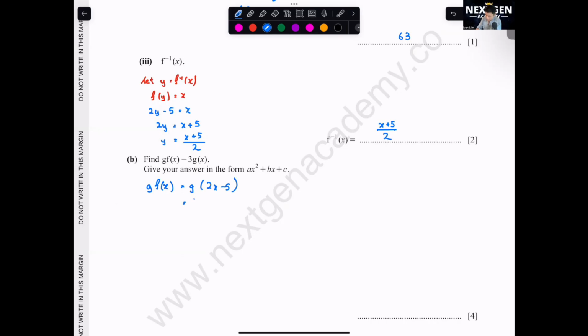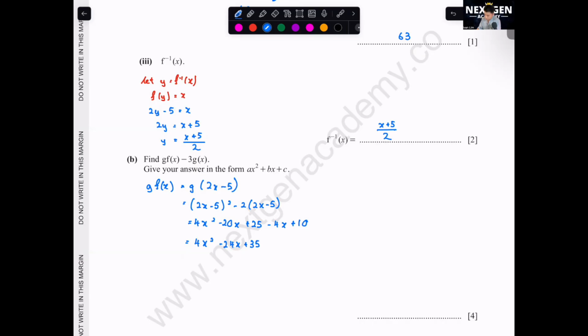G over here will now be (2x minus 5) squared minus 2 times (2x minus 5). Open out the bracket. This will be 4x squared minus 20x plus 25 minus 4x plus 10. Whatever we can join together: 4x squared minus 24x plus 35.